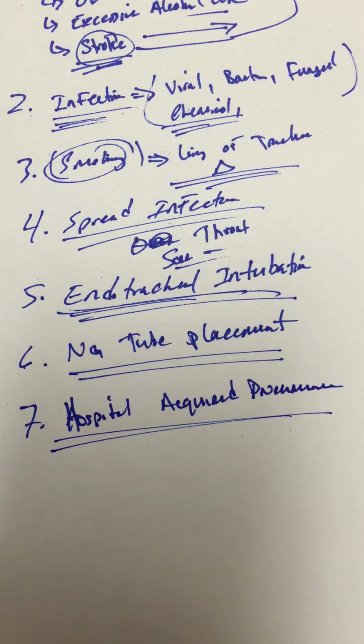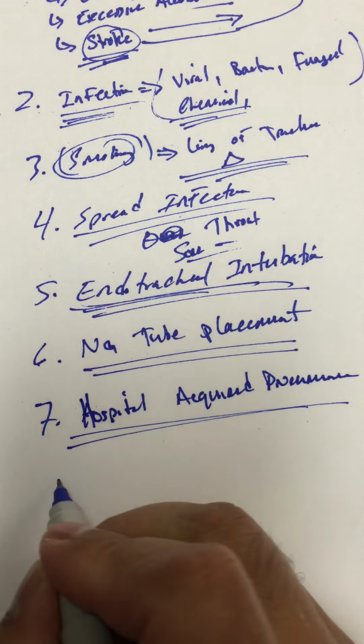You went from one room to the next, didn't wash your hands appropriately, you didn't use the proper contact precautions, and now you've passed that infection to a new patient, which is why it is very, very important for us to always wash your hands and use proper contact precautions for those patients that require it.